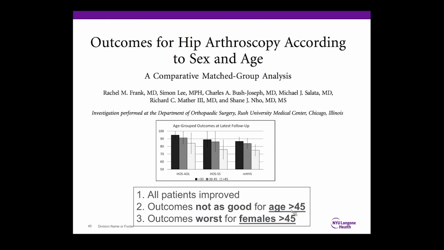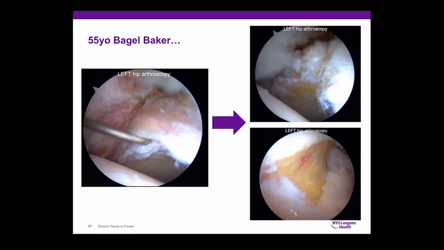It's just that the outcomes were not as good for patients over 45, and they were decidedly less good for women over 45, but they all still did well. So I think that is an important take home. That said, those are patients that you really want to have kind of a low threshold for perhaps doing palliative treatment and not going in for the scope.